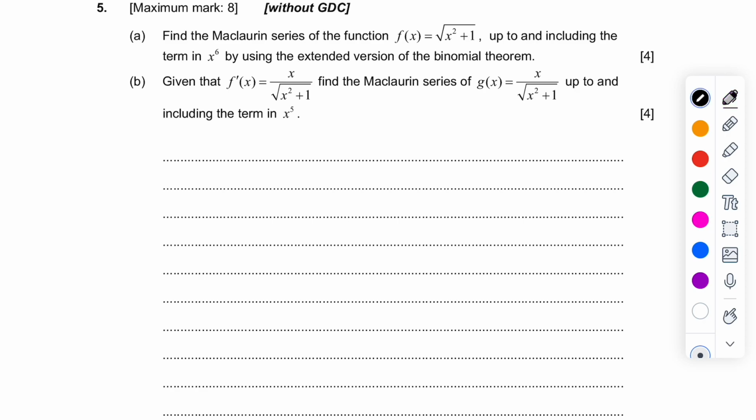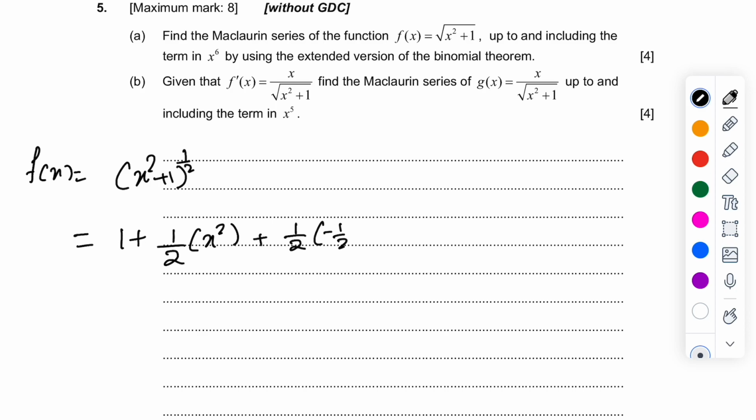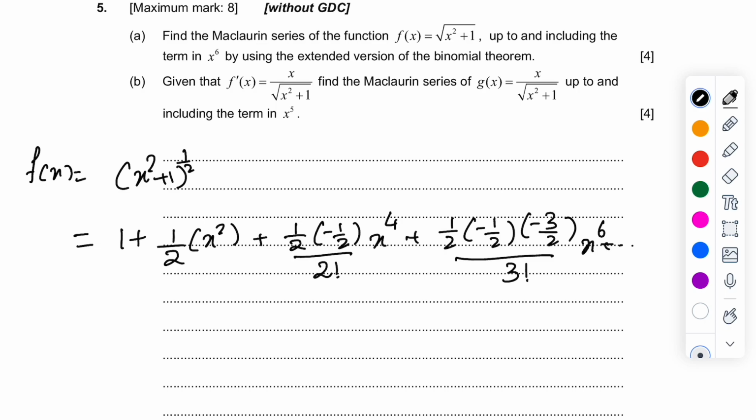So what is the thing is, f of x equals (x square plus 1) to the power of half. So it becomes 1 plus nx square plus n times (n minus 1) upon 2 factorial times (x square) whole square, which will become x power 4, plus n(n minus 1)(n minus 2) upon 3 factorial x power 6, and so on.